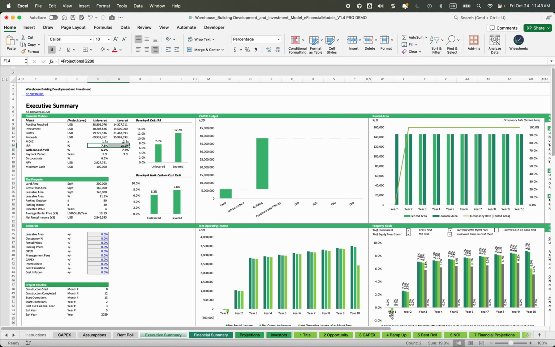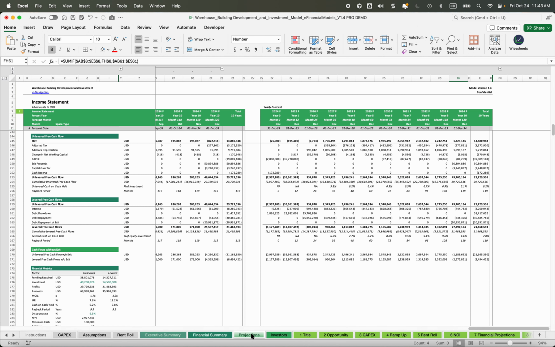And IRR refers to a scenario of develop and then sell. So there's an exit involved, while cash on cash yield is a bit different. This basically reflects a buy and hold scenario. If we look at the yields, the way it is calculated is we look at the annual yield, and we can see unlevered, it's already 6.2%, and levered even a bit higher, going from 6 up to 9%.